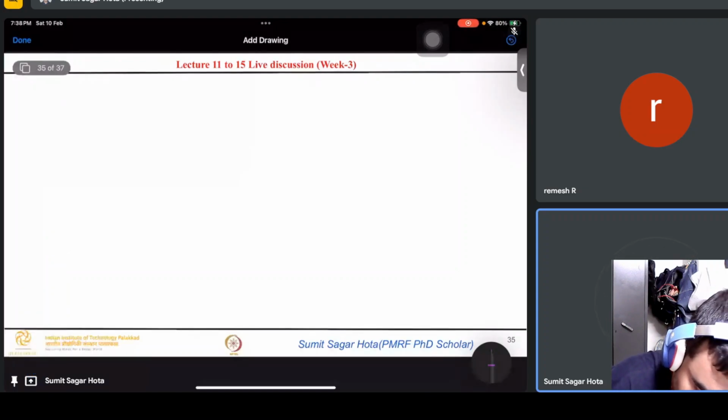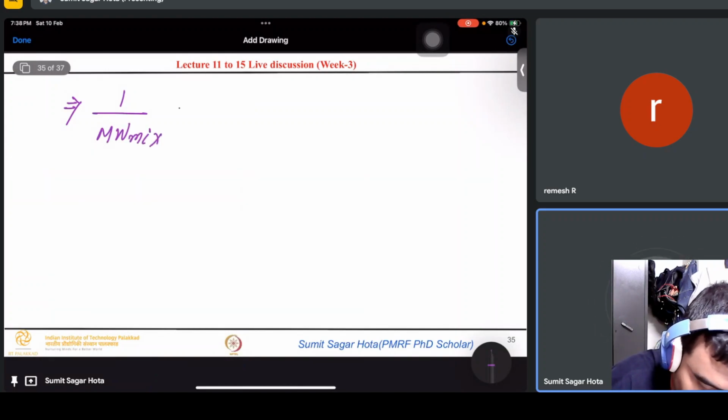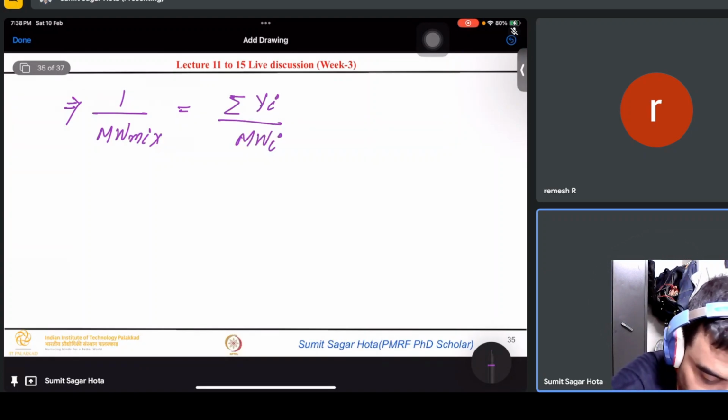That means 1 by molecular weight of the mixture is equal to summation of Yi by molecular weight of i. Now what do you do? Take the derivative on both sides.